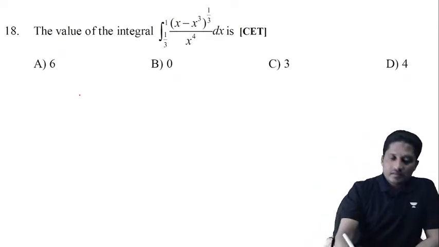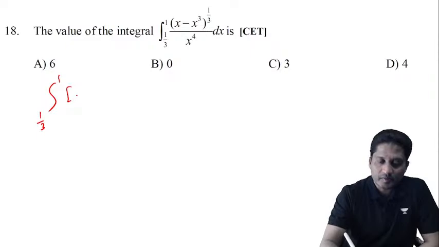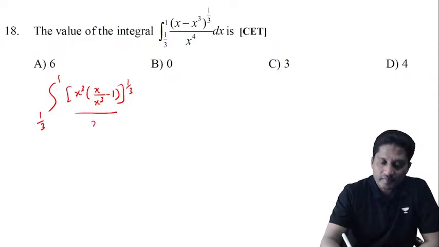Integral from 0 to 1 by 3. Take the highest power of x common here, x cube. This is (x by x cube minus 1) whole to the power of 1 by 3, divided by x power 4.